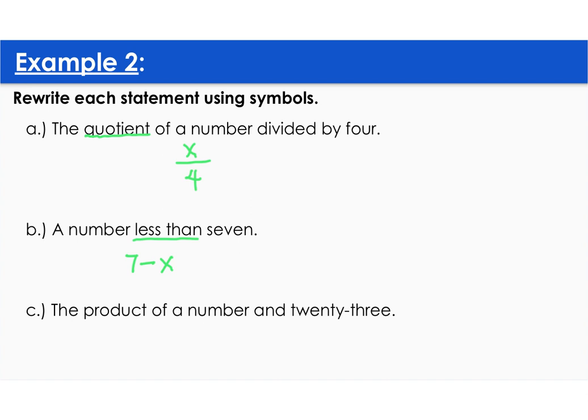The product of a number and 23. Product means multiplication. So that means a number, which is our question mark or our x, times 23. When we write multiplication with variables, we just put them next to the number. That means 23 times x.